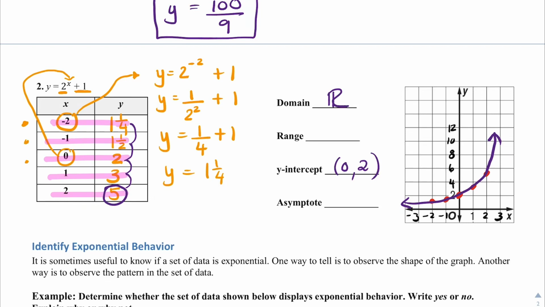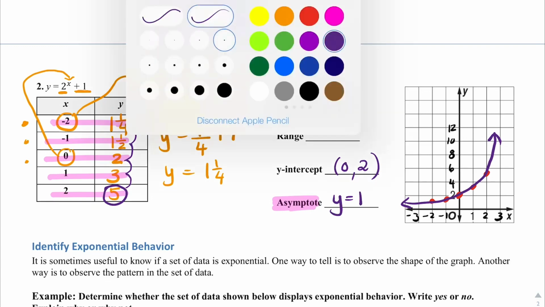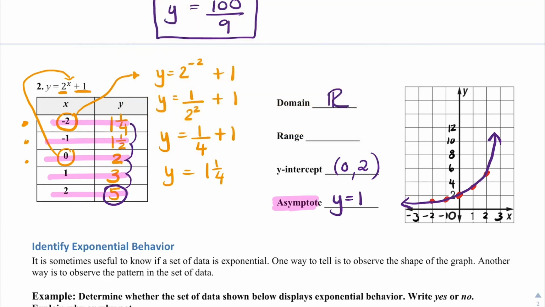It would get closer and closer to 1, which means this time my asymptote is not the x-axis. It's not y equals 0. It's y equals 1. So my graph is getting closer and closer to the value of 1. So on my graph, I have to put a dotted line to show my asymptote, just like I did on the previous page.